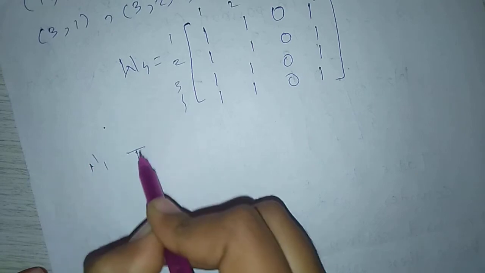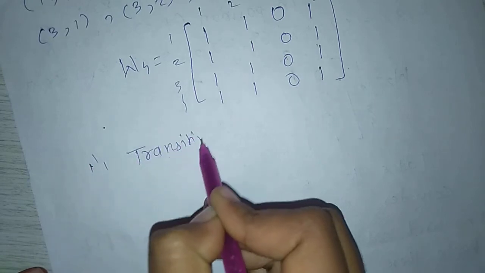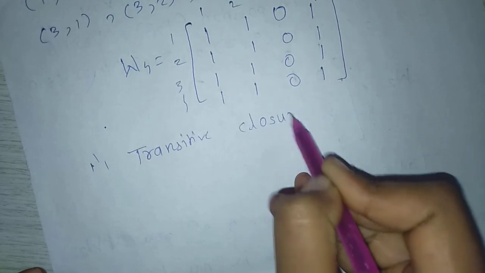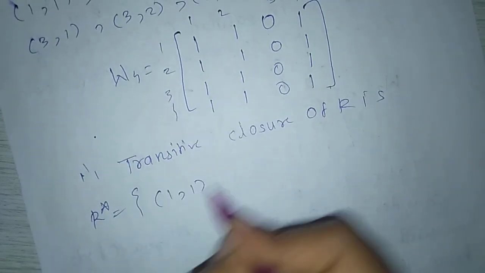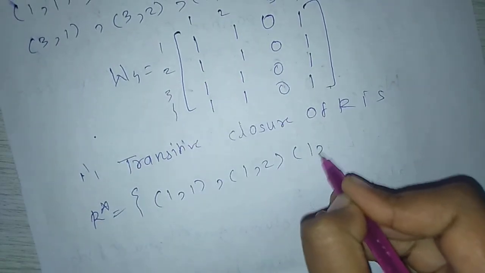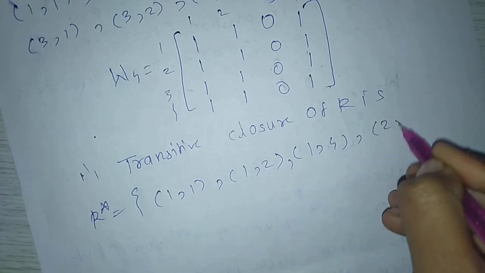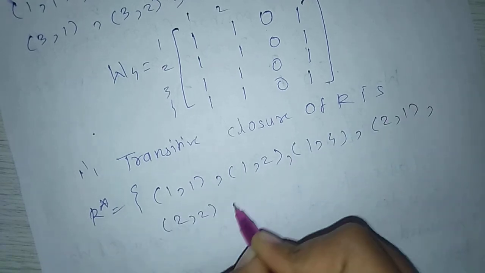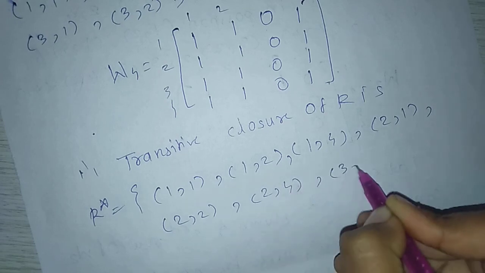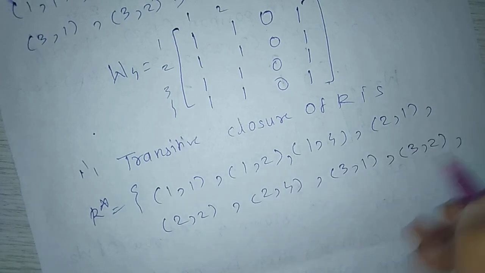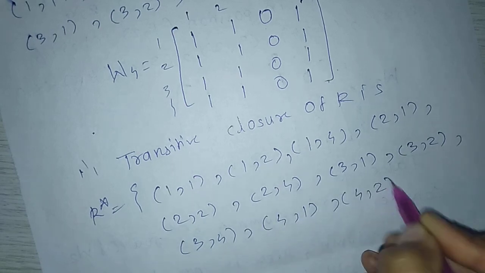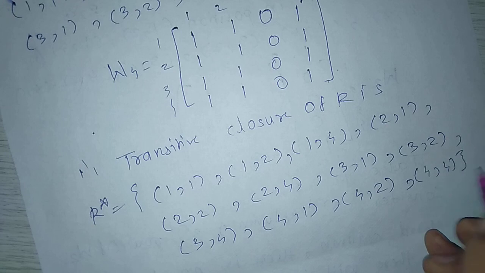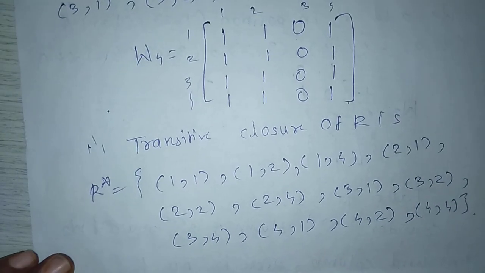Therefore, transitive closure of R is R star equal to position of ones are 1 1, 1 2, 1 4, 2 1, 2 2, 2 4, 3 1, 3 2, 3 4, 4 1, 4 2, 4 4. This is nothing but the transitive closure of R. Here we stop.